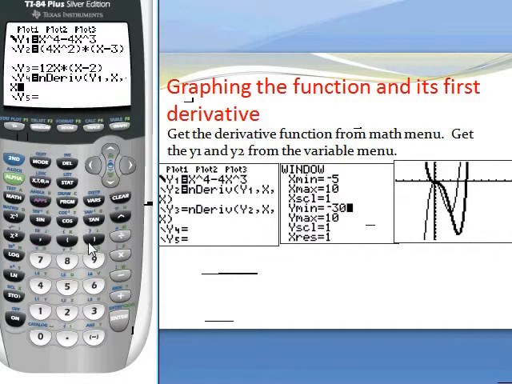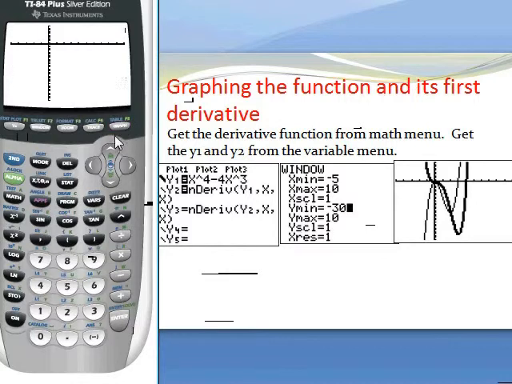Now, I will take the first one out. So if I did the first derivative right, y2 and this y4 have to be on top of each other. That's a good way of checking. So let's push graph.